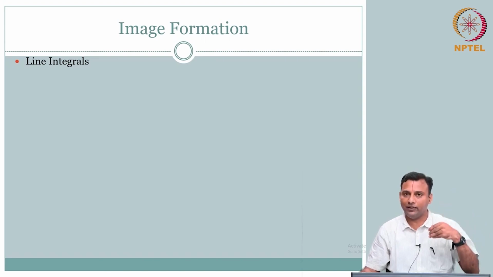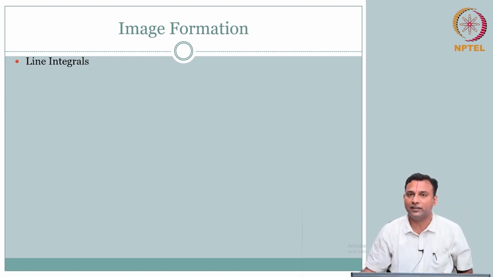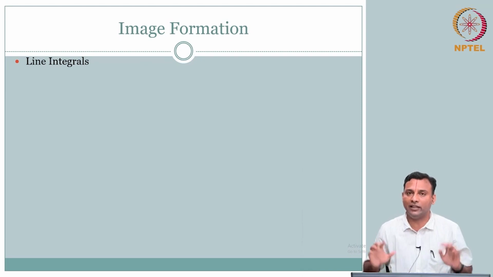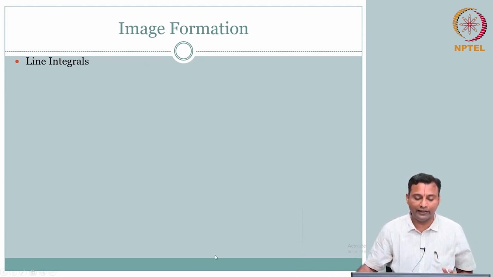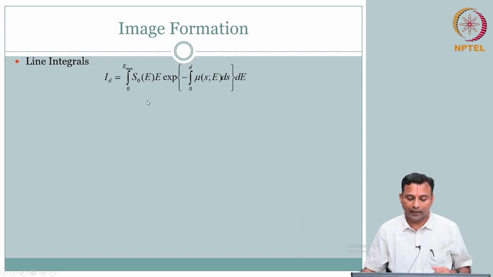That is, you send something, and what is that integral? The basic fundamental law: e to the power minus mu delta x, where mu is the material property and delta x is the thickness of the material. Same thing we will rewrite. We will recognize that what is falling on the detector, I_D, is nothing but whatever you sent in, a spectrum with different energies.